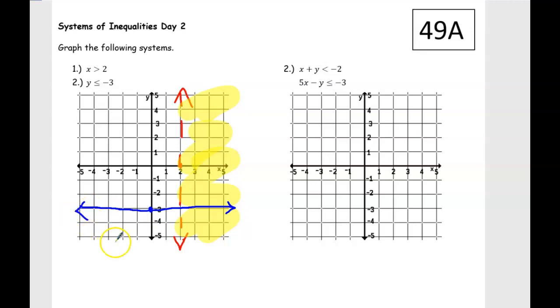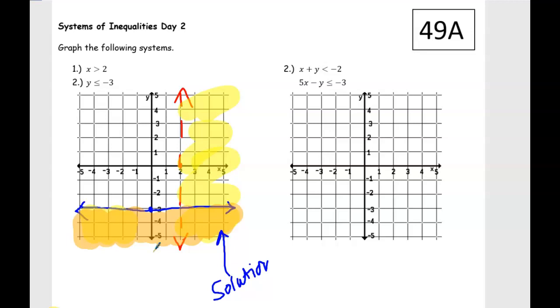And when we shade it, it's going to be down below here. Let's do it in a different color, kind of an orangey. You can see in this area here, this is actually the solution set. We have the double shaded region. It's hard to see on this, but with pencils, you should be able to tell.